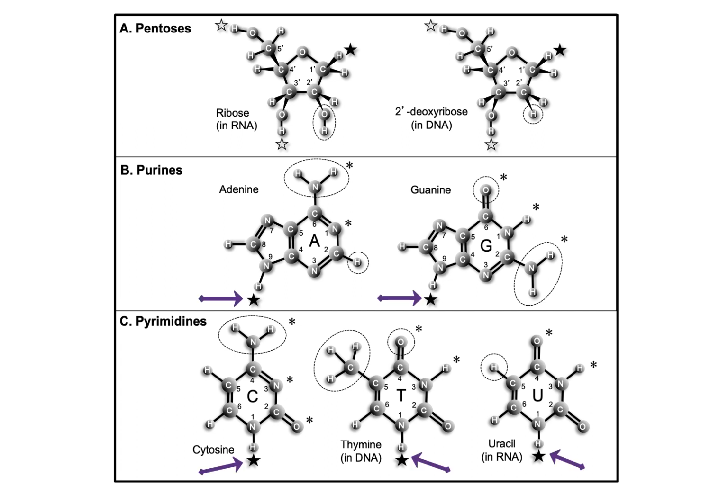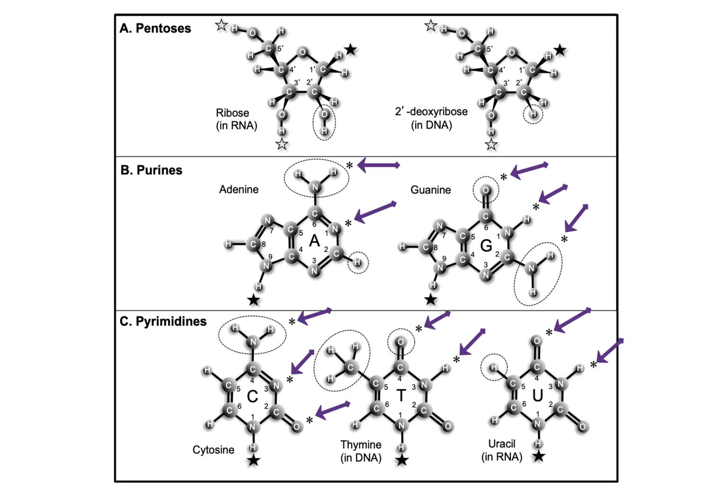And the stars down here indicate where those are attached to the pentose sugar, and each one of these little asterisks on here also shows where they will pair by hydrogen bonding in a typical Watson and Crick pair. So an A will bond to a T or a U, and a G will hydrogen bond to a C.